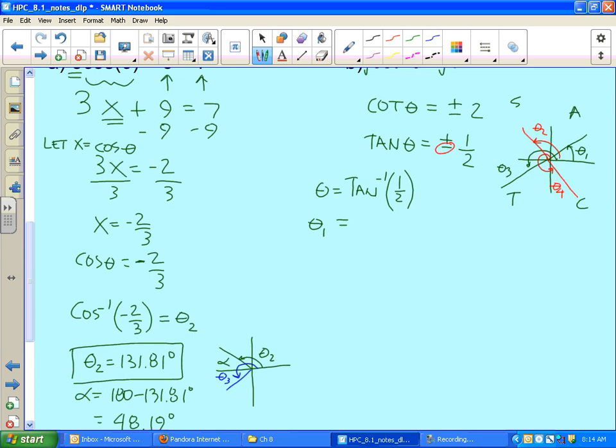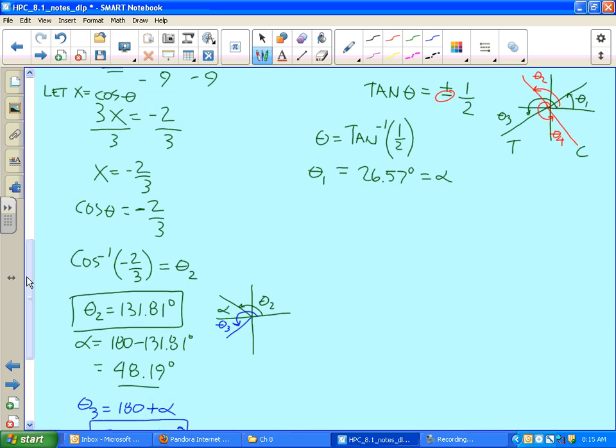So inverse tan of 1/2 gives 26.57 degrees rounded, and again, because that's an angle between 0 and 90, that is also our reference. So now it's just a matter of going to find theta 2, theta 3, theta 4 by using this reference angle in each of my quadrants.